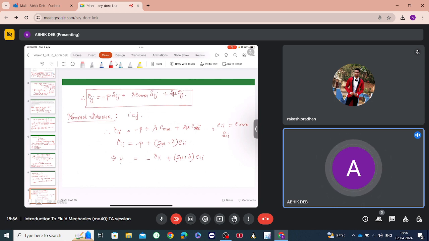So delta ii will be of what? It will be not equal to 0 three times, that is when i is equal to 1, i is equal to 2 and i is equal to 3, so delta ii will be equal to 3.